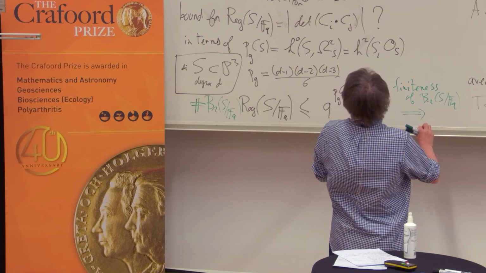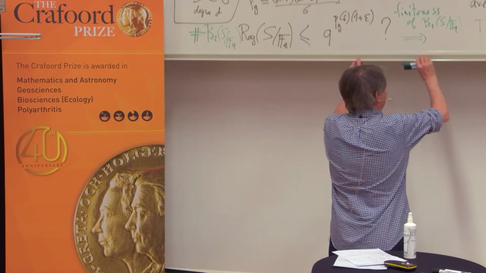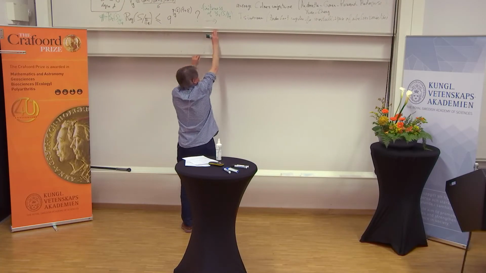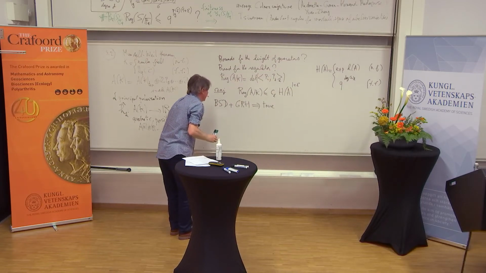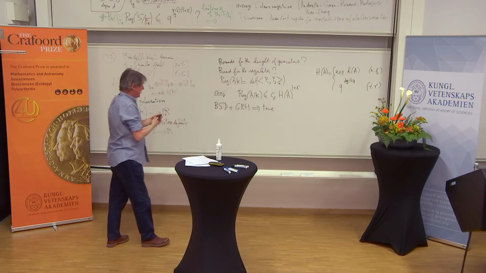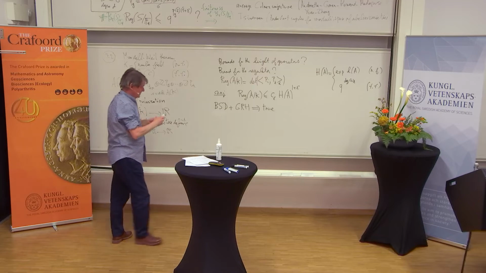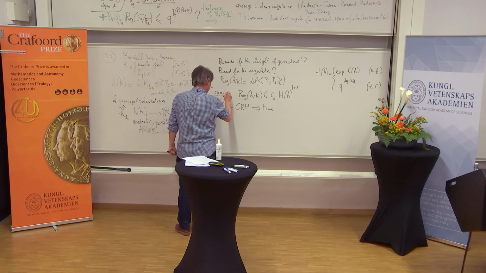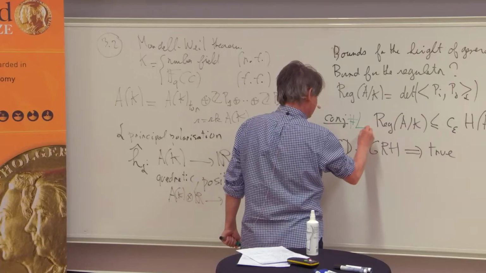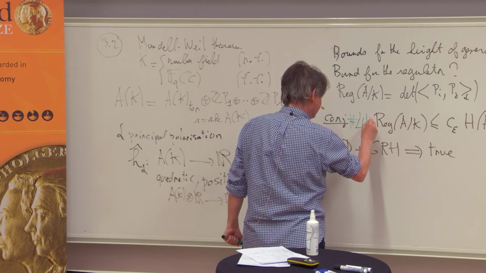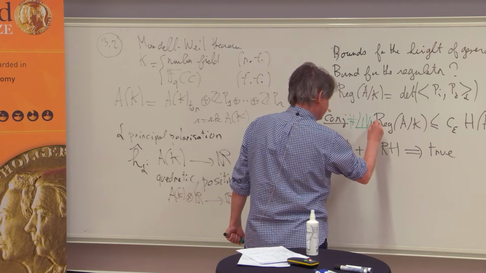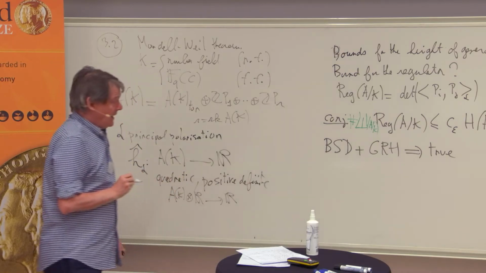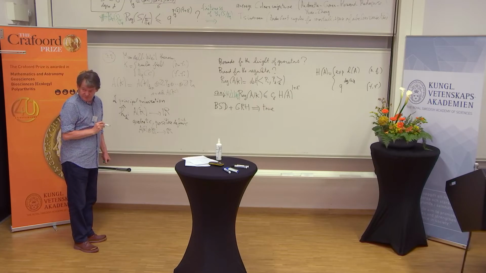For the abelian variety case, actually what you have to put here is the cardinality of the so-called Tate-Shafarevich group, and then that should be true.